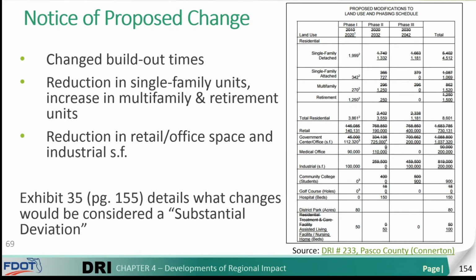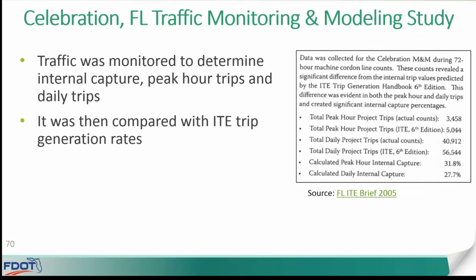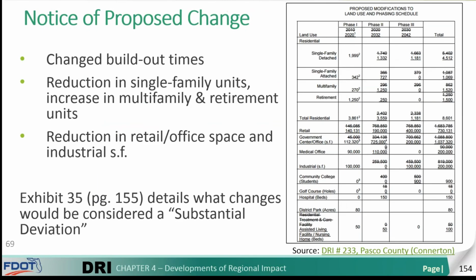If your community college, for instance, is going up by 900 students, such as in this phase 3, then you're talking about a different phase.